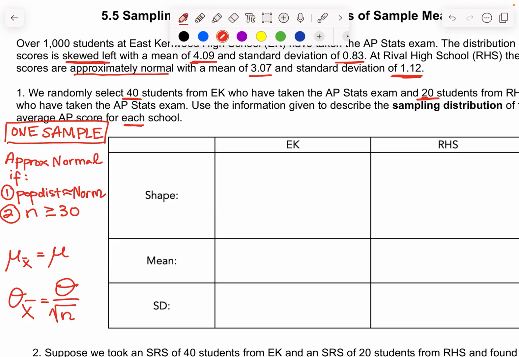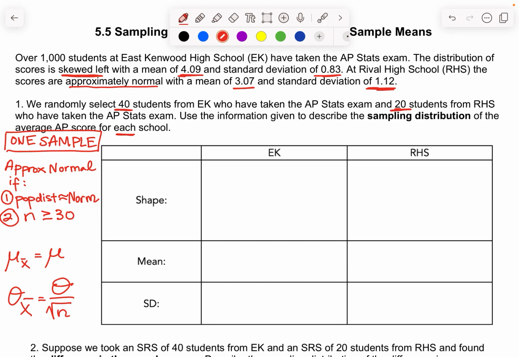So, okay, for EK, it said that the parent population is skewed left. But we're in luck. We're taking large enough samples. So what we can conclude is that the shape of the sampling distribution for EK will be approximately normal, because the sample size is large enough.